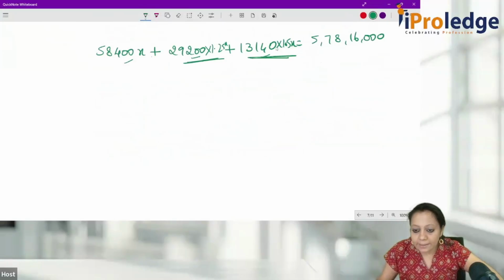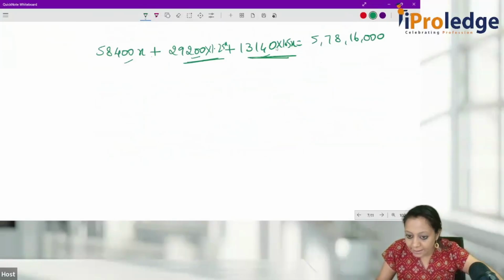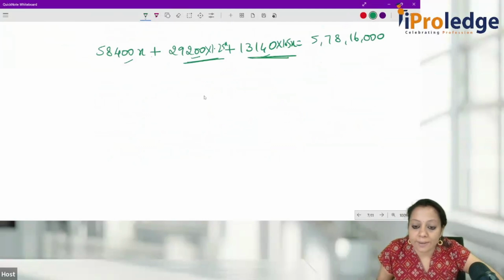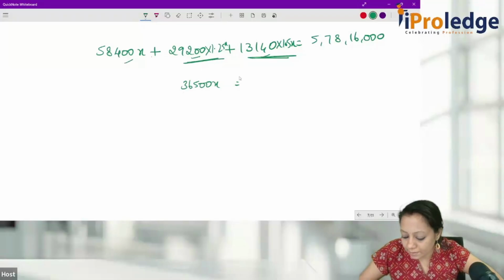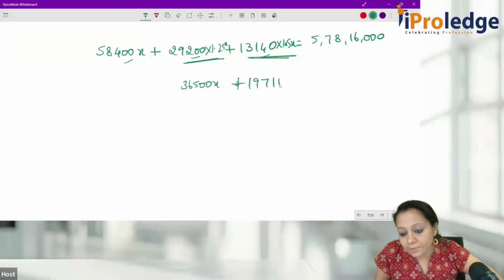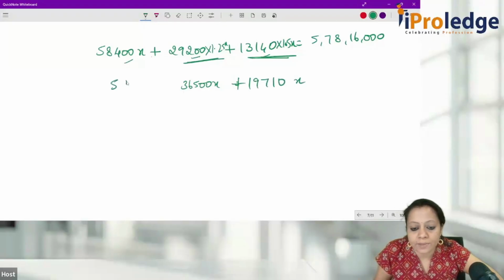You can do it in the other way that we have done in the regular classes as well. So this is 36,500x, 13,140 into 1.5, that is 19,710x. This is 58,400x.